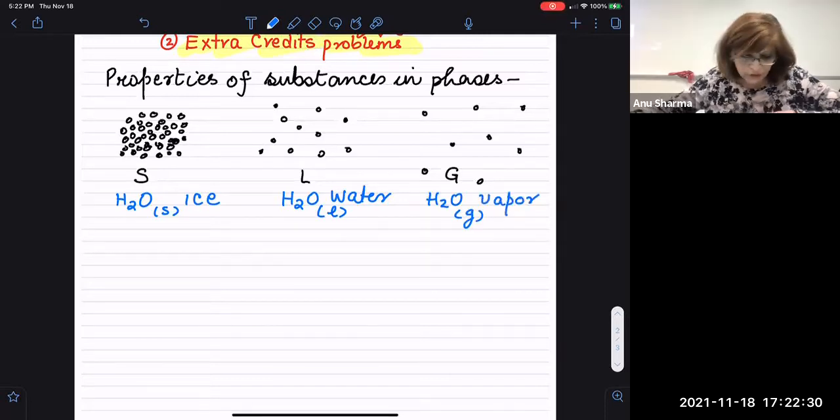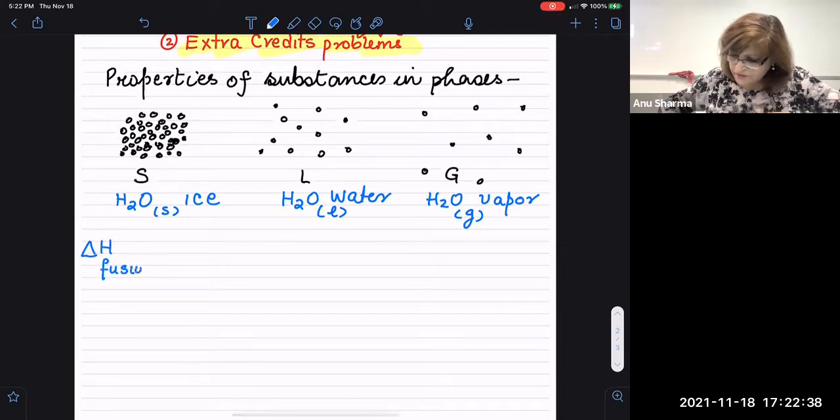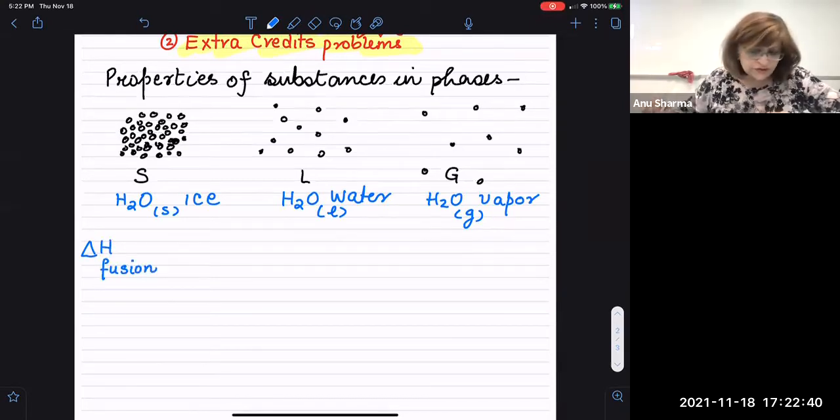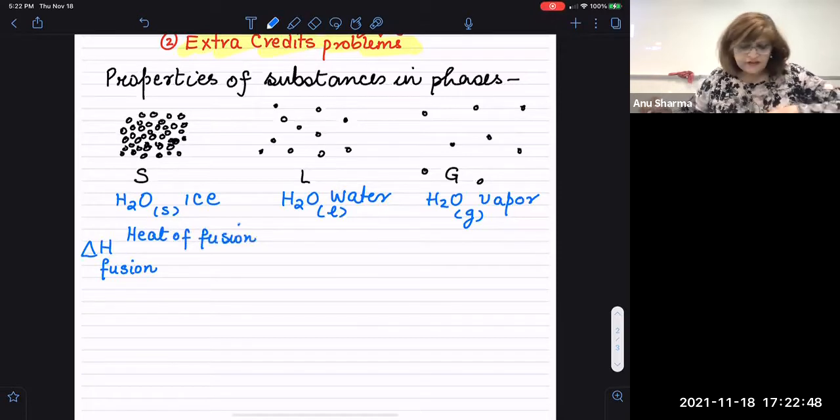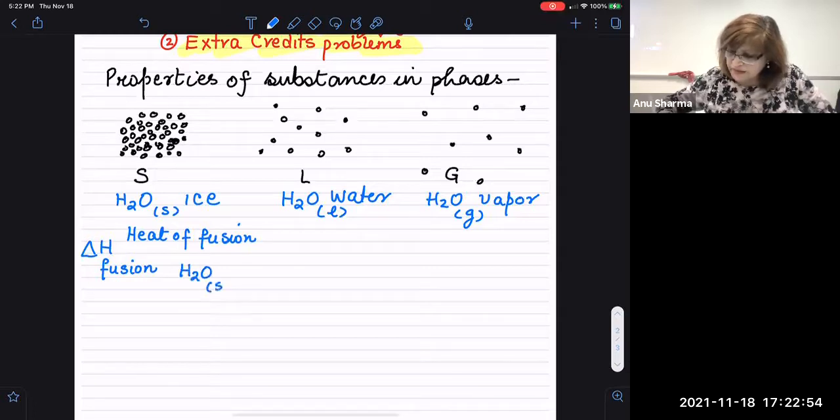First thing is the heat of fusion, the enthalpy of fusion. The heat of fusion is the amount of heat needed to convert water from the solid state to the liquid state.